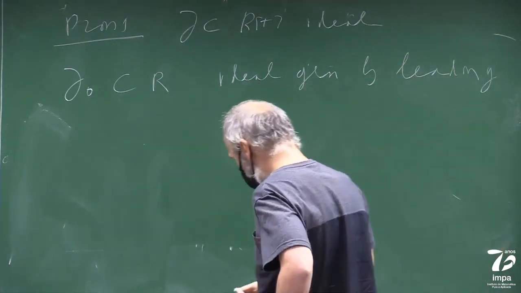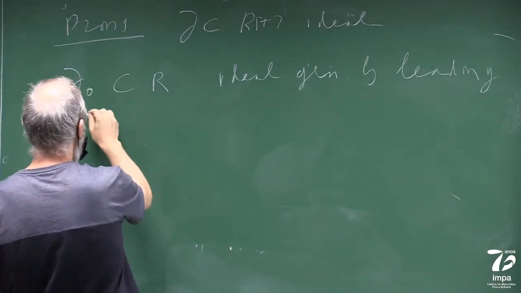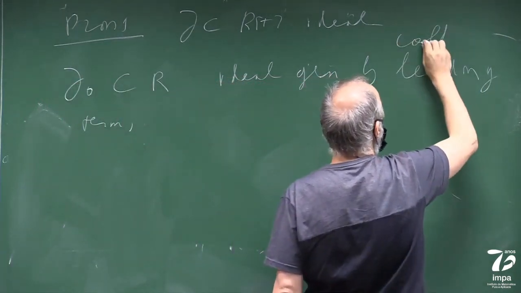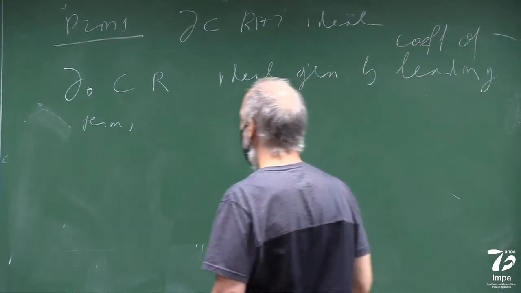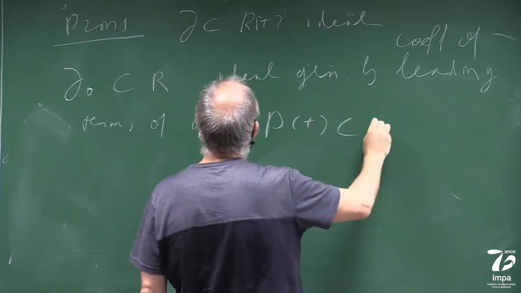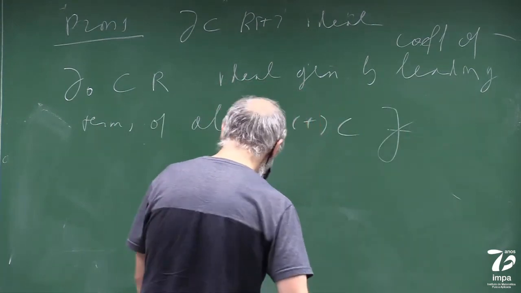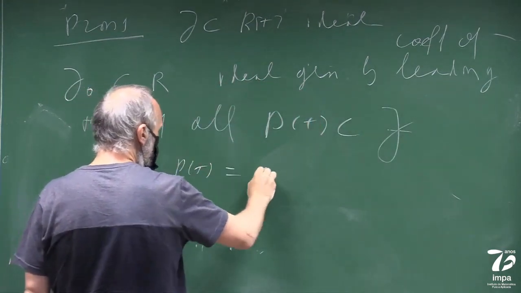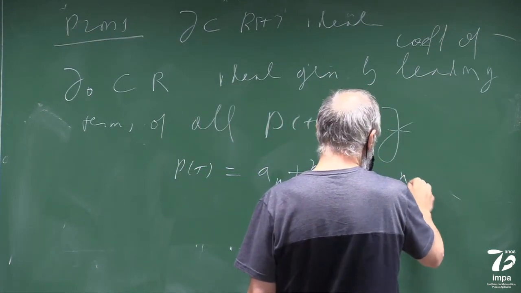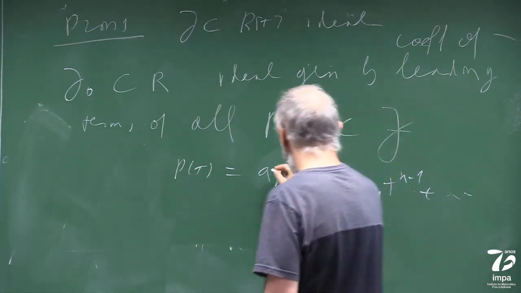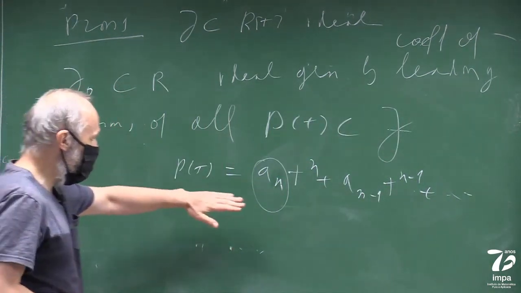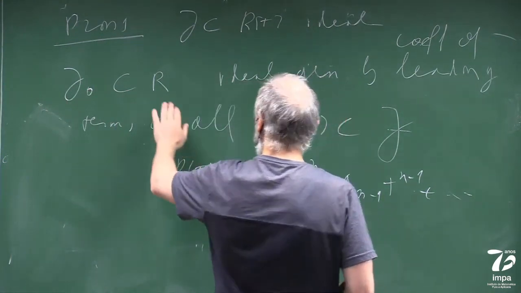Leading means the coefficients of terms of biggest degree. So J0 is generated by the coefficients of leading terms of all polynomials P(t) inside J. This means that if you have P(t) equal to a_n t^n plus a_{n-1} t^{n-1} plus and so on, you take a_n, it's a leading term, and you generate the ideal by all these coefficients. It's an ideal in R.